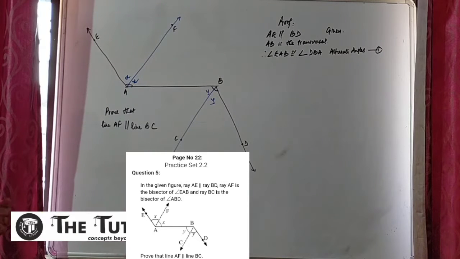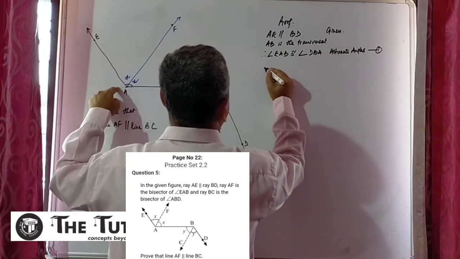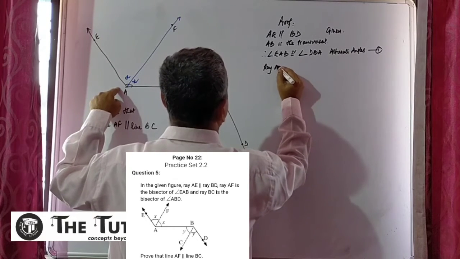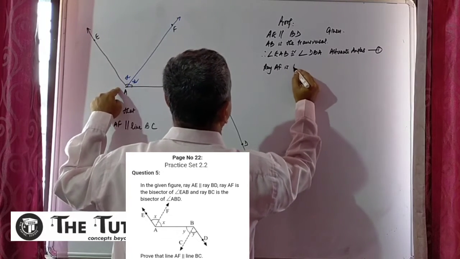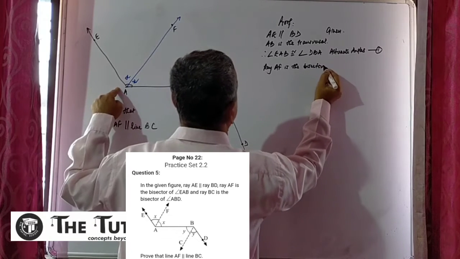Fine. Now it is given that ray AF is the bisector.